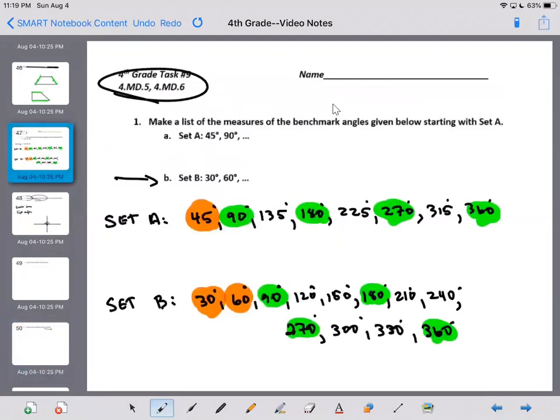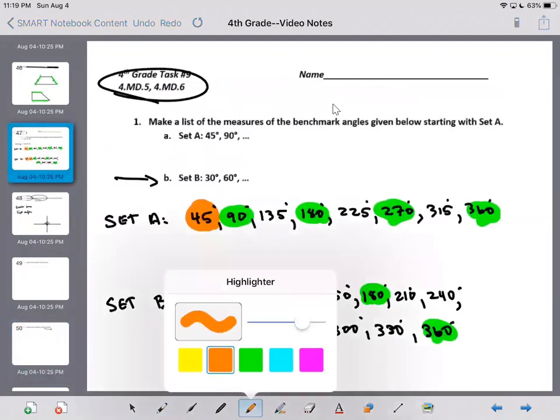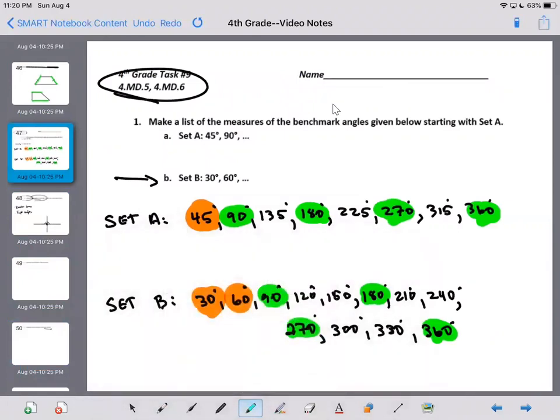So in another color, let's look at the ones that are obtuse. And that would be 120, 135, 150. So those are obtuse because they are larger than 90, but less than 180.